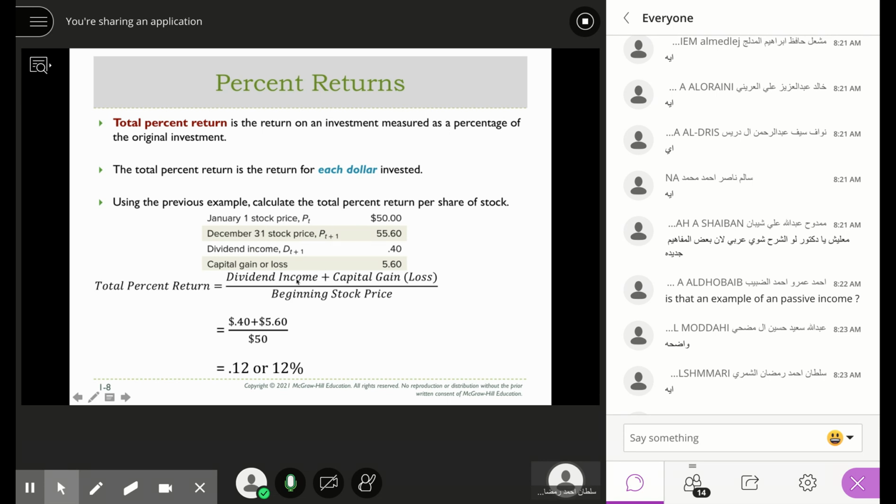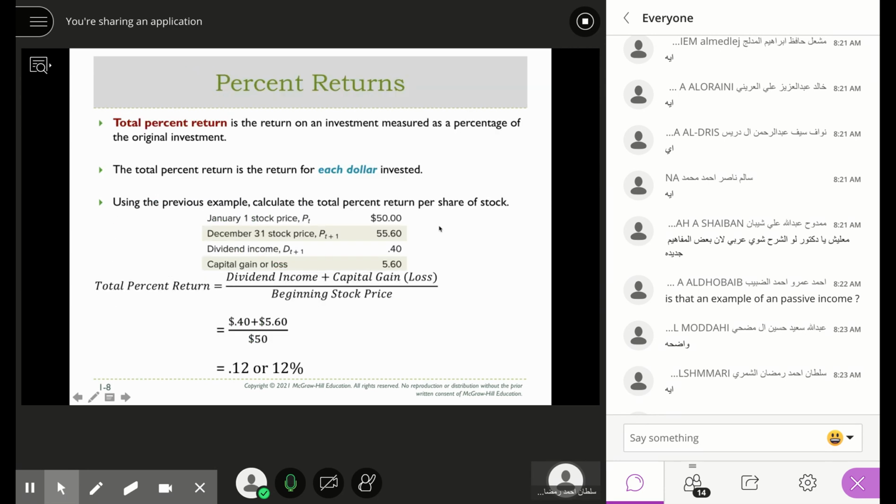However, this is based on each stock. So we say that for each stock the price went up from 50 to 55.60, which is 5.60. And the 0.40 is the 80 divided by the number of shares.